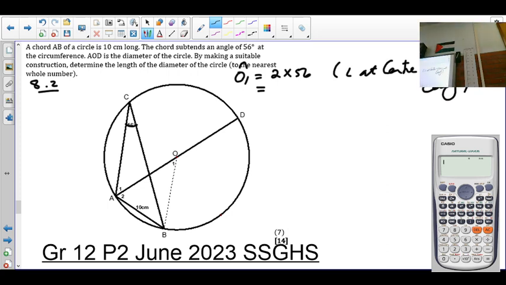So O1 gives you an angle of 112 degrees. You all agree with that? It's 112 degrees. It doesn't look like 112 because that is an obtuse angle. Okay. And clearly you can see it's an acute angle as the diagram indicates here.